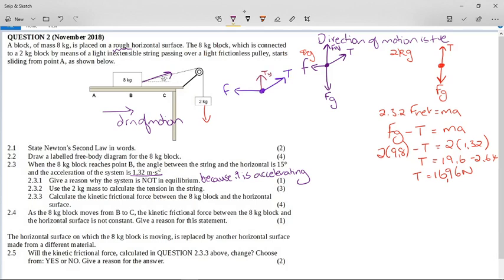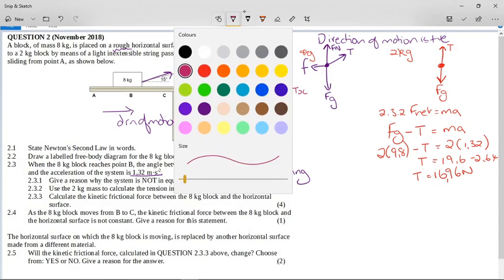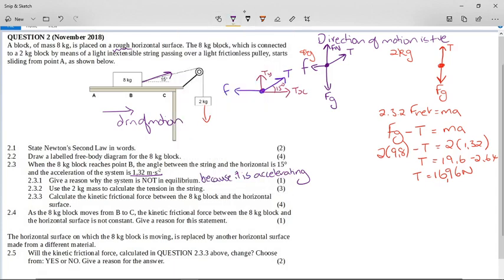But what we can do is we can say this tension has got two components, an x component and a y component, and there's a 15-degree angle over here. Okay, so if we want to calculate the kinetic frictional force between the 8 kilo block and the horizontal surface, we can easily use, what number is this? 2.3.3.